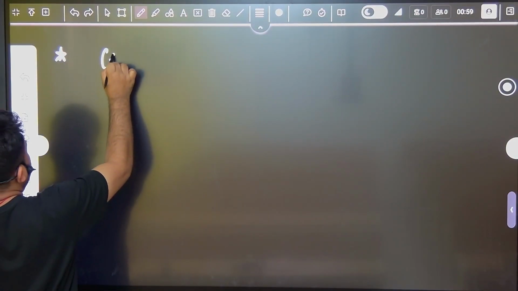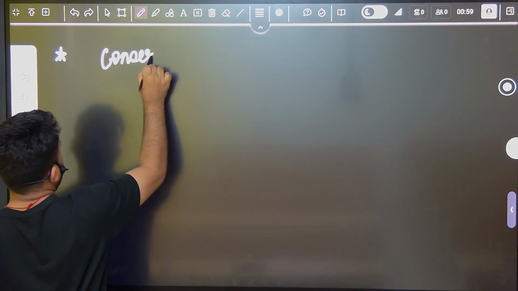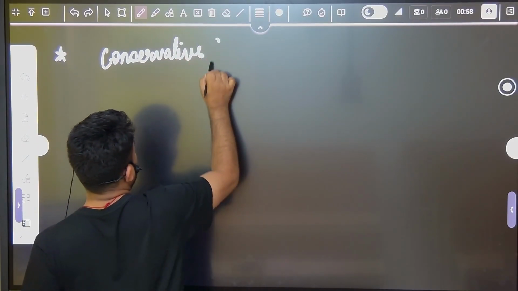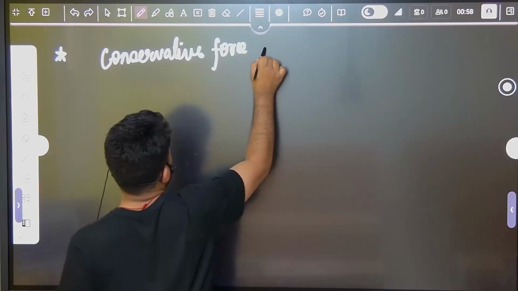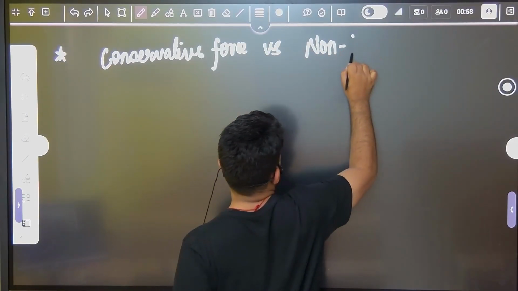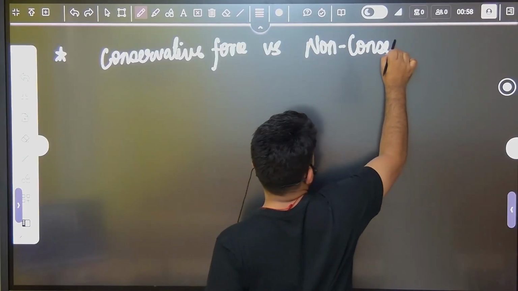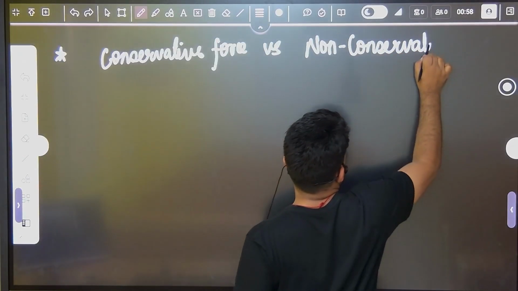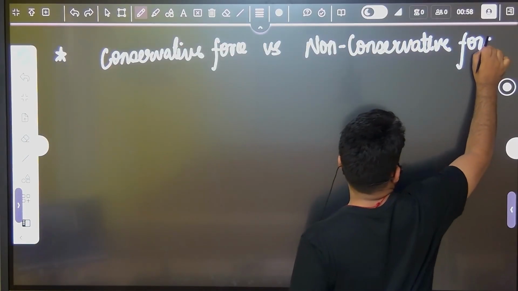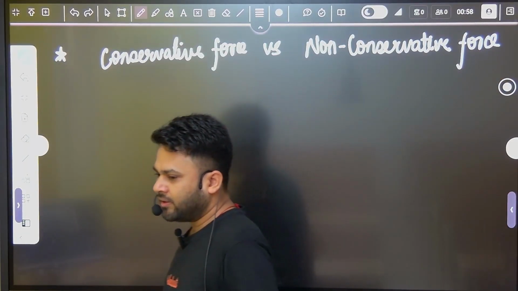Next we have conservative force versus non-conservative force. Correct.